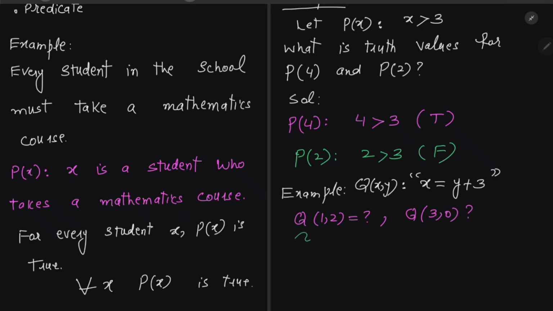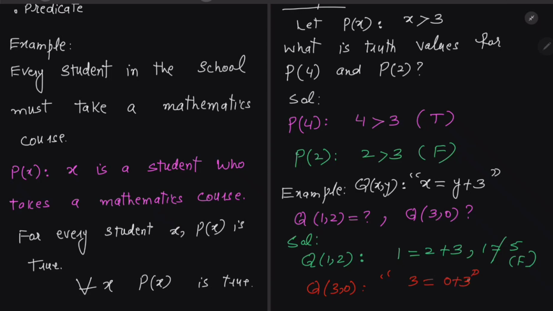Now the solution. Q of 1, 2 is: x is 1, y is 2, so 1 is equal to 2 plus 3, which is not true, so this is false. Now the second one, Q of 3, 0: here we have x is 3 and y is 0, so 3 is equal to 0 plus 3. So this is 3 is equal to 3 and this is true, so we have this value as true.